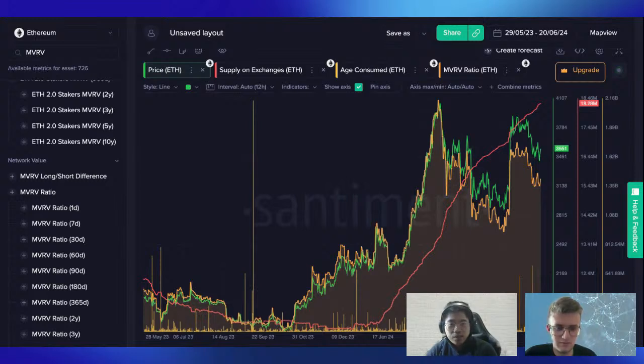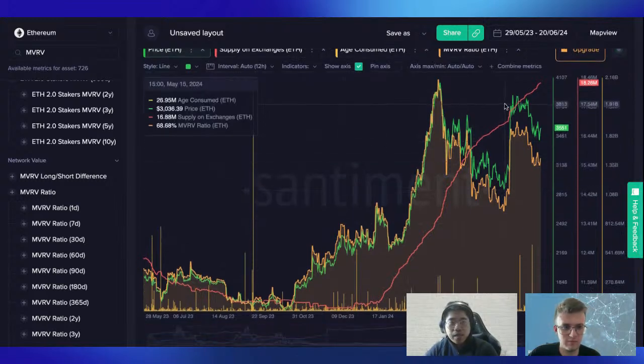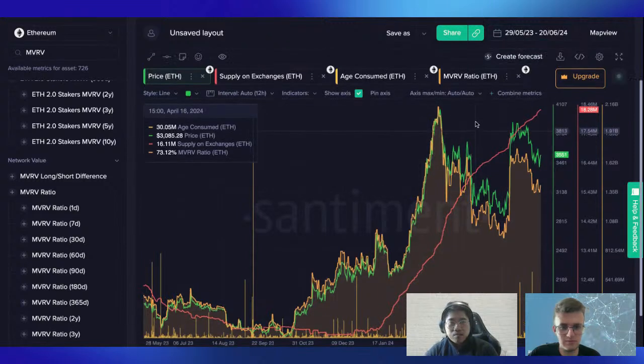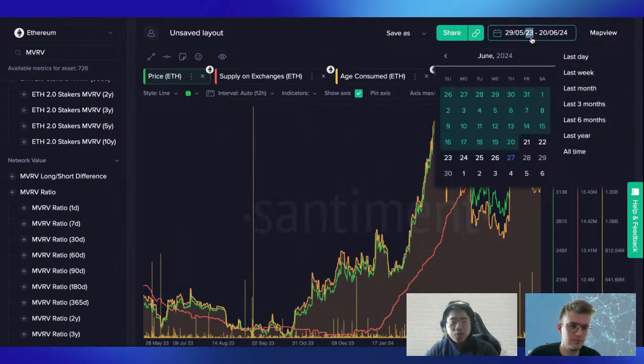We could see right there that starting from January, I don't know if it's an all-time high or just a 52-week high on the supply on exchanges. But seeing that parameter is quite concerning, as there's always the possibility of Ethereum holders dumping their Ethereum on exchanges.